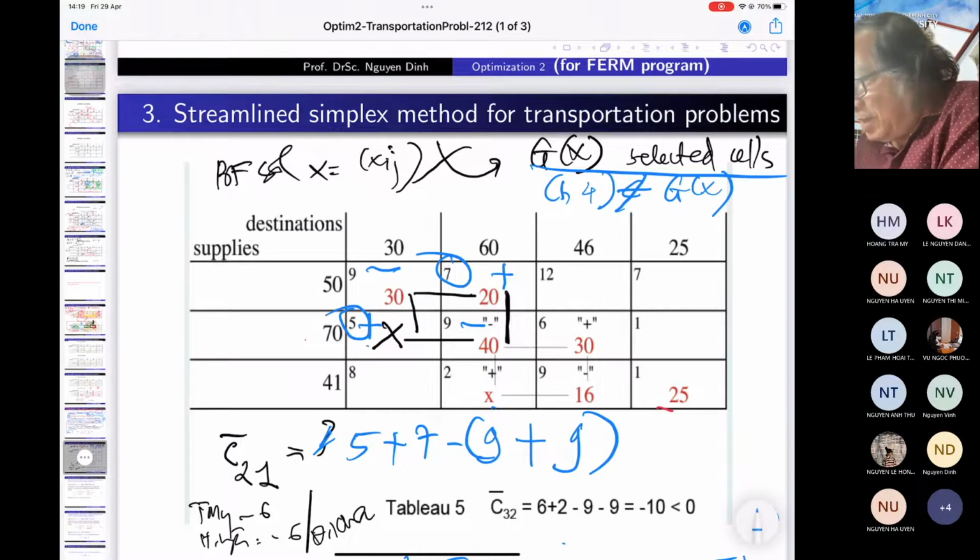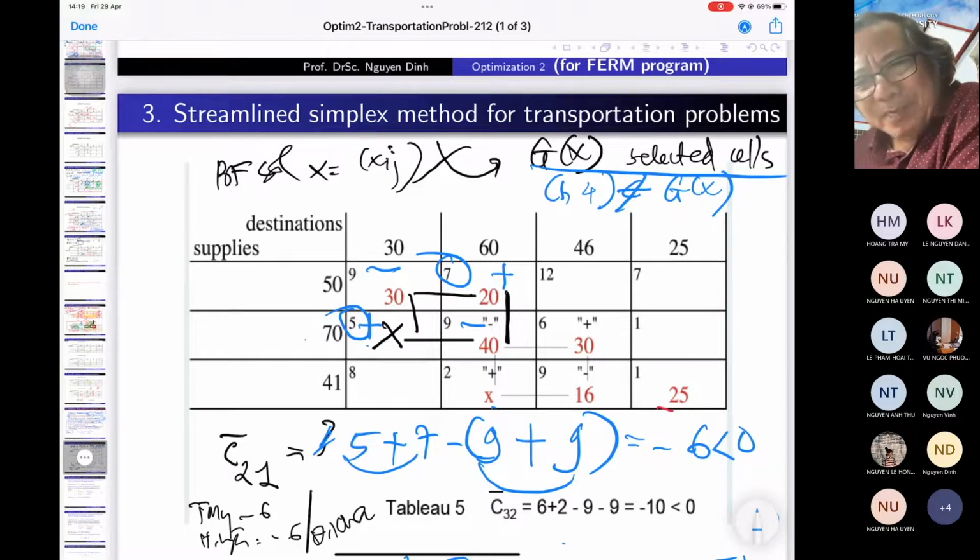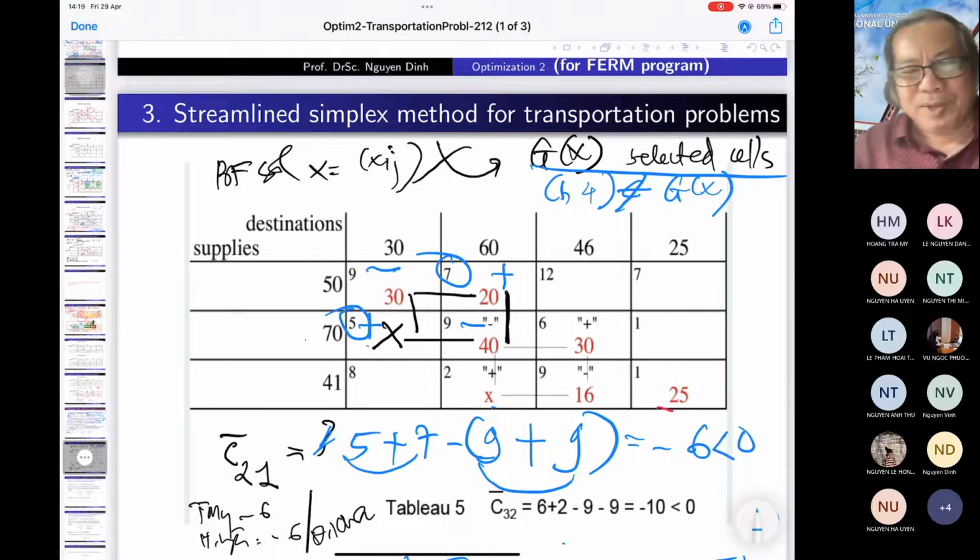So it means that you have 12 minus 18. And then it becomes -6, and that is negative. The reduced cost is negative.